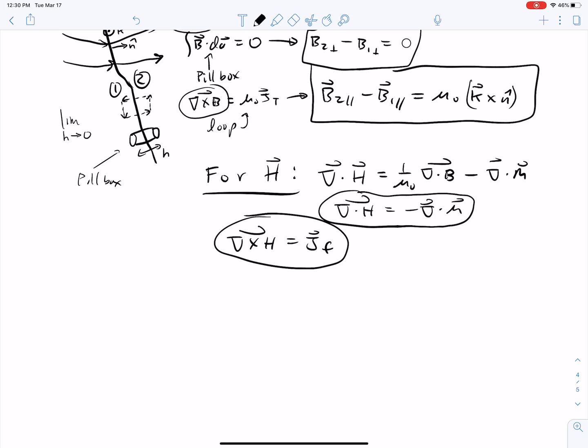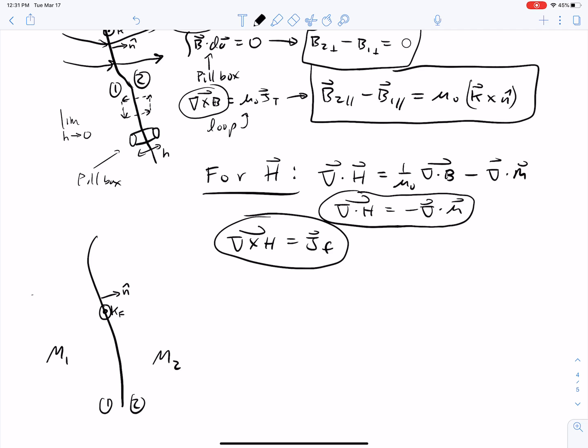And so now we can do the same thing because we have our region of space divided into two halves. We can put a current through it, but now the current is K free, because we're talking about a free current there. So this is the most general case, but now we have two materials, where on this side we'll have magnetization 1, and on this side we'll have magnetization 2.